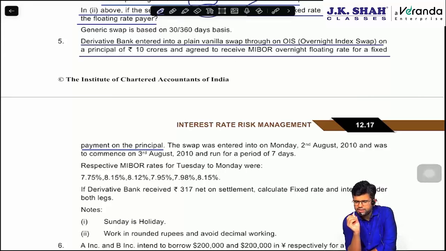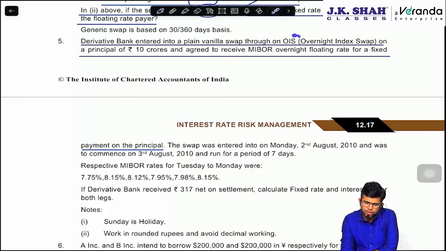Okay, please understand the story. This bank, derivative limited, not bank. It's a company. Otherwise bank will get confused. It's a company. It entered into a swap. What swap? First of all, to do what and receive what? Can I say to receive MIBOR and pay fixed. Okay, it's paying fixed, receiving floating.